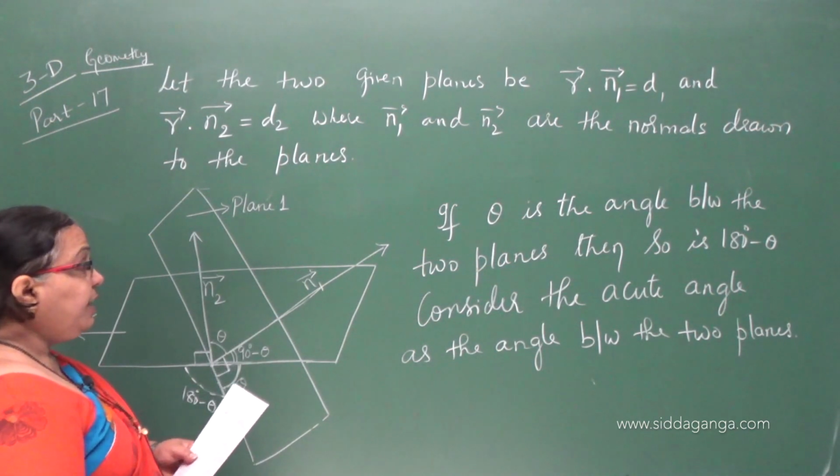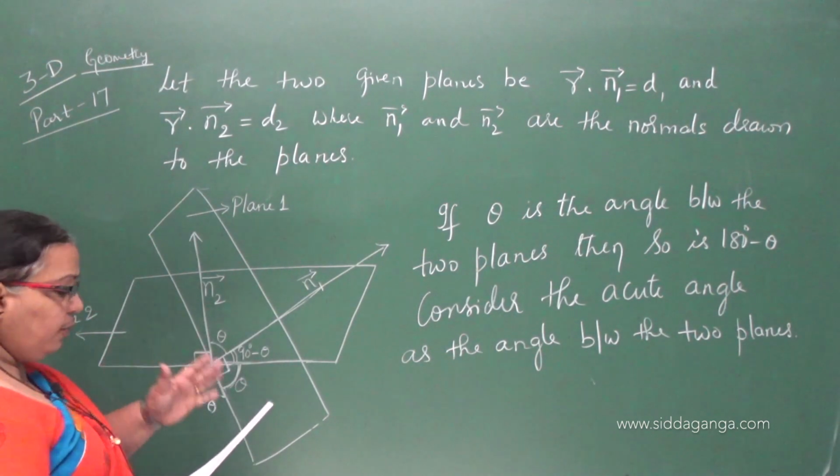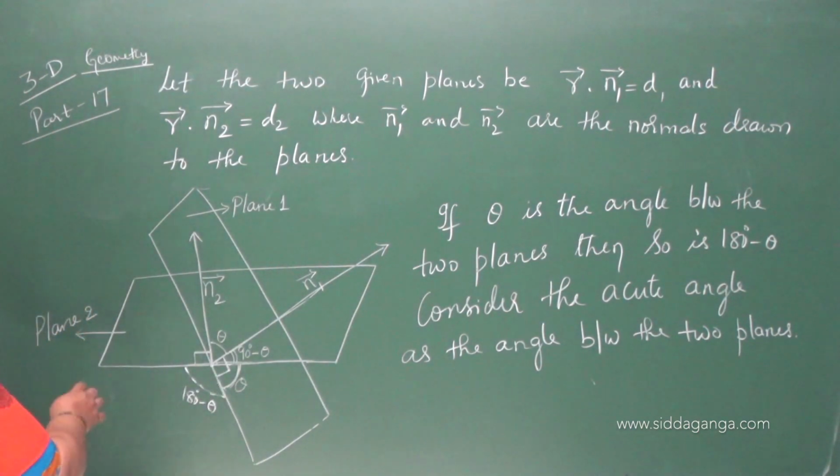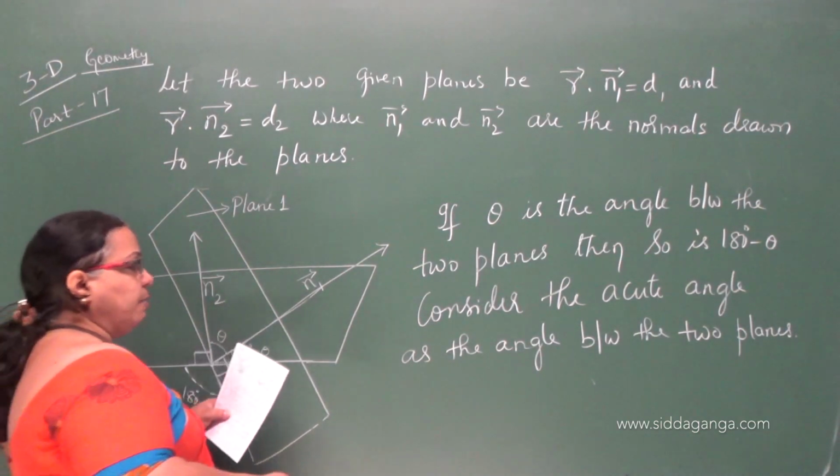Then if theta is the angle between the two planes, theta also represents the angle between the two normals.